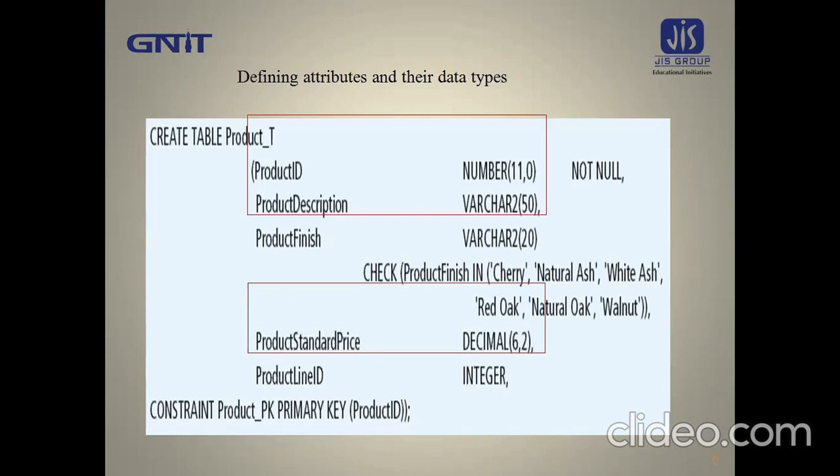Product ID is not null here, and it is also the primary key. We have used another constraint for product finish, that is, we need to check if the product finish value is in cherry, natural ash, white ash, red oak, natural oak, or walnut. So this is how we define the attributes and their data types.